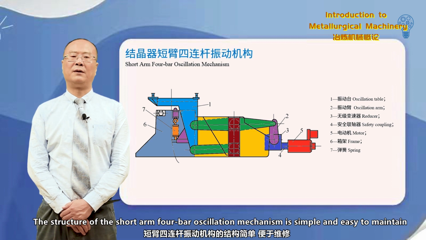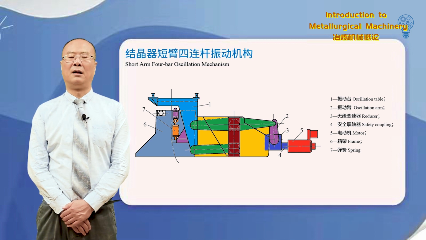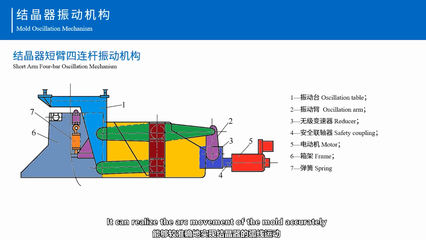The structure of the short-arm 4-bar isolation mechanism is simple and easy to maintain. It can realize the arc movement of the mold accurately and improve the quality of the casting billet.